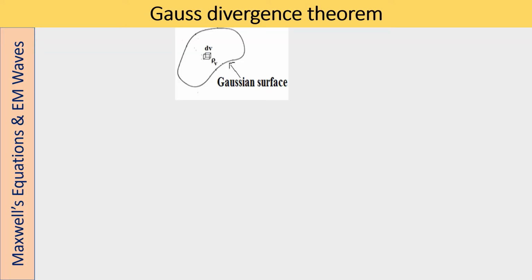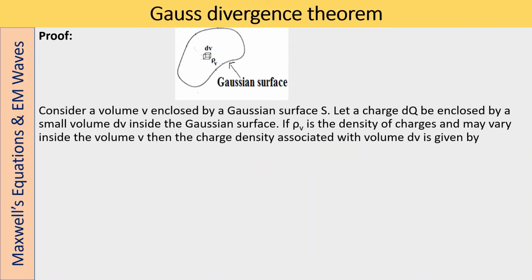Now we will prove the Gauss divergence theorem. Let us consider a volume V enclosed by a Gaussian surface S. Let the charge dq be enclosed by a small volume dv inside the Gaussian surface.